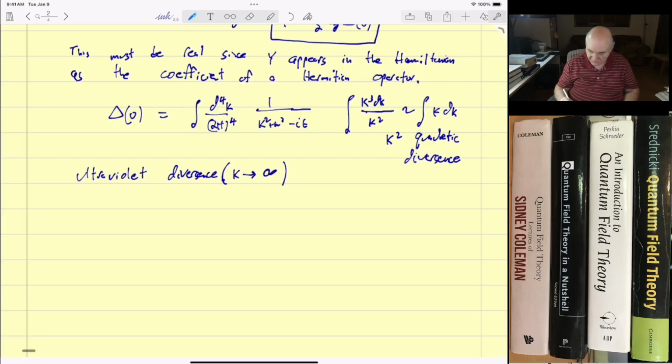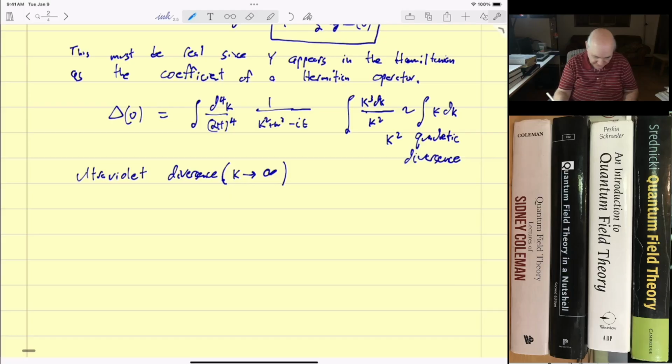So remember, k is a momentum, so that's sort of like a short distance divergence. Distance goes to 0, momentum and energy go to infinity. We'll also encounter later in the course infrared divergences, which occur as k goes to 0, and those are a different kind of divergence. Those are usually what we consider to be an experimental divergence, but we'll talk about that later.